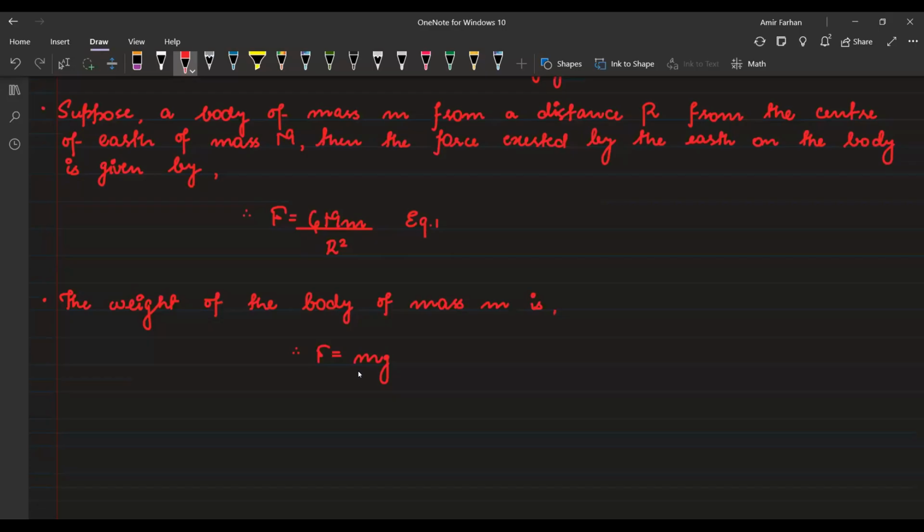Because the Earth is exerting a force. Is that clear to all of you? So as you can see, both are forces. So can I equate both forces, yes or no? Equation 1 and equation 2.